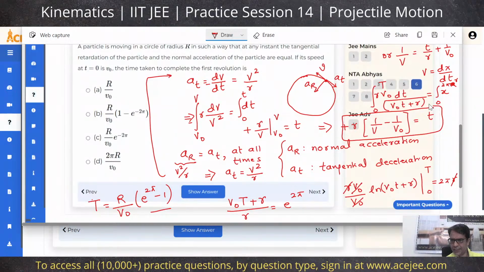So dt by dx comes down, dx goes on the top on the other side, and that's what you will get, r v0 ln of v0 t plus r. We are going from 0 to time t, right? 0 to time t, and the distance covered is 2 pi r.